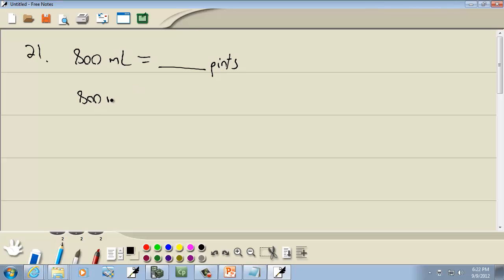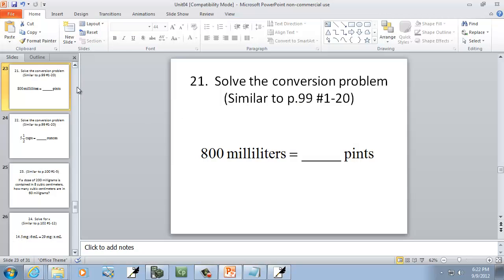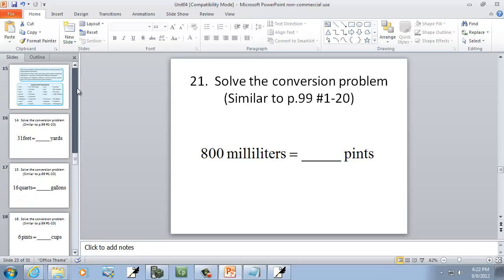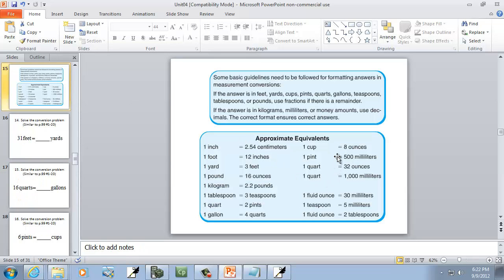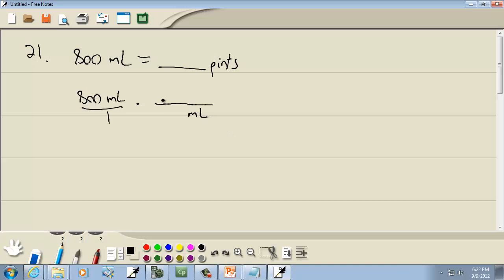Again, I'm going to convert from 800 milliliters. So I put that over 1. Milliliters up here, so we need milliliters down here. And I hope to find some kind of tie between milliliter and pints. Pints, 1 pint is 500 milliliters. Here it is. So we got 500 milliliters is 1 pint. Well, these milliliters cancel here.